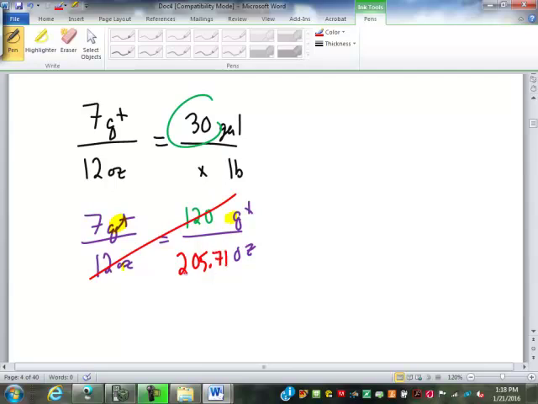That's ounces though, but we need it back into pounds, so we're going to take that divided by 16 to make it pounds, which is 12.857 approximately.